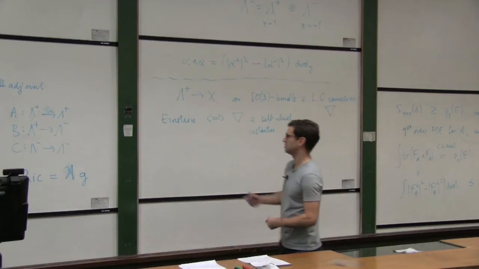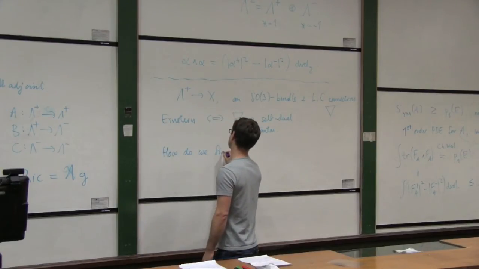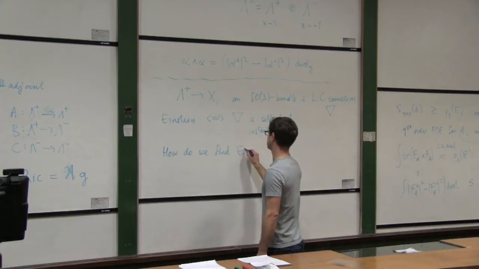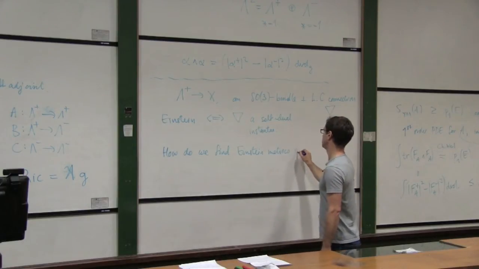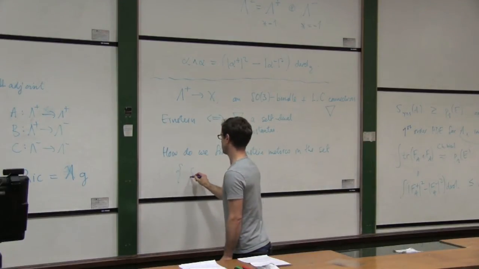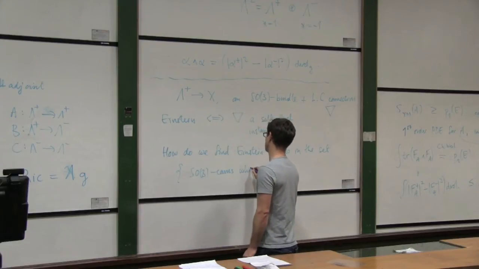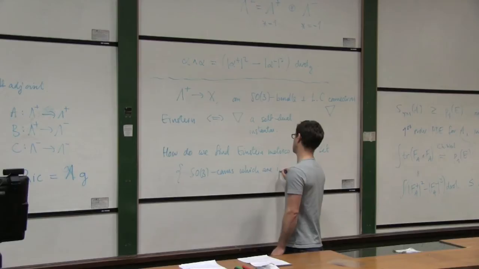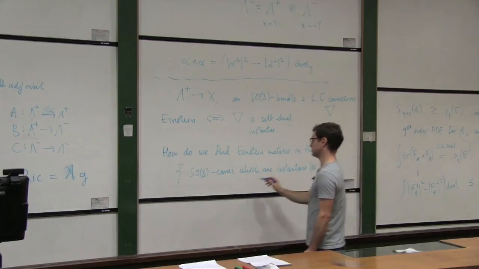How to find Einstein metrics in the set of SO(3) connections which are instantons for some metric.